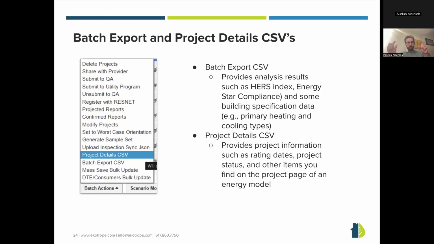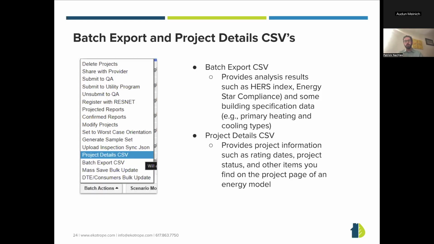I could just put those parameters in and then run a project details, and it can automatically send a project details for all of those projects in that search parameter. You don't actually have to select all of them.